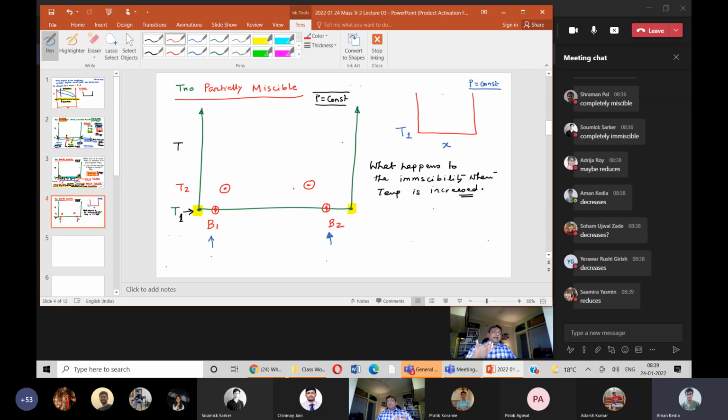Or at an elevated temperature, even for a slightly lower concentration of B, you are going to have a miscible liquid, or for a lower concentration of A, you are going to have a miscible liquid. And this reduction is not symmetric. There is absolutely no need. XA might be 0.1 over here and it can be 0.85 over here. So there is absolutely no symmetry. It completely depends on the system.